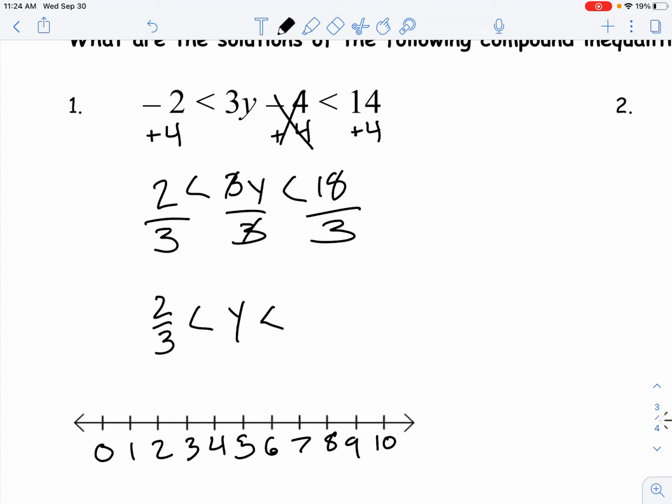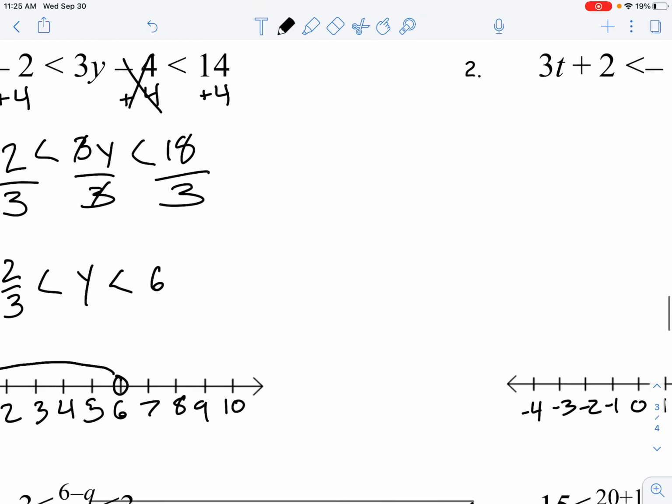And then over here, we've got 18 divided by 3, which is 6. So 2/3 is going to be located where? Well, it's between 0 and 1. So 2/3, I'm going to guess it's closer to 1 with an open circle. And then 6, I can find that one pretty easily. This is an AND problem, so we'll connect them there, and we're done with the first one.